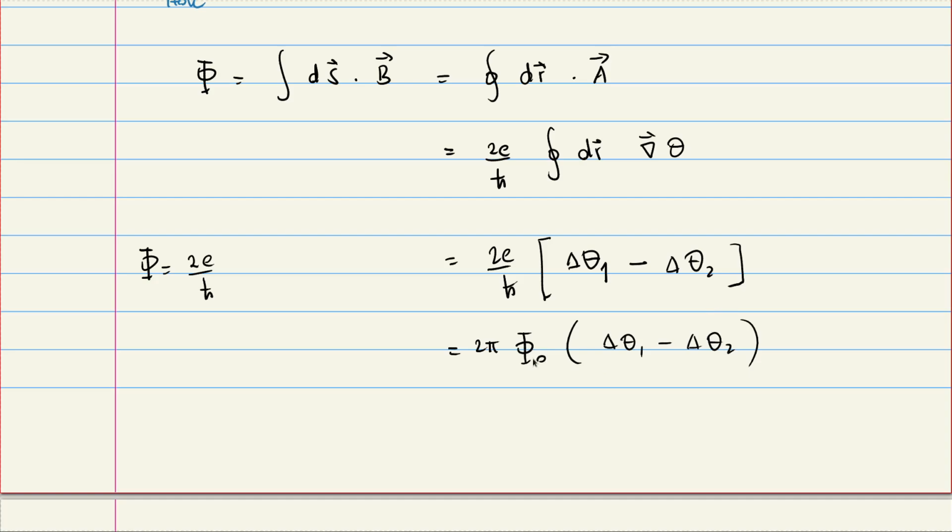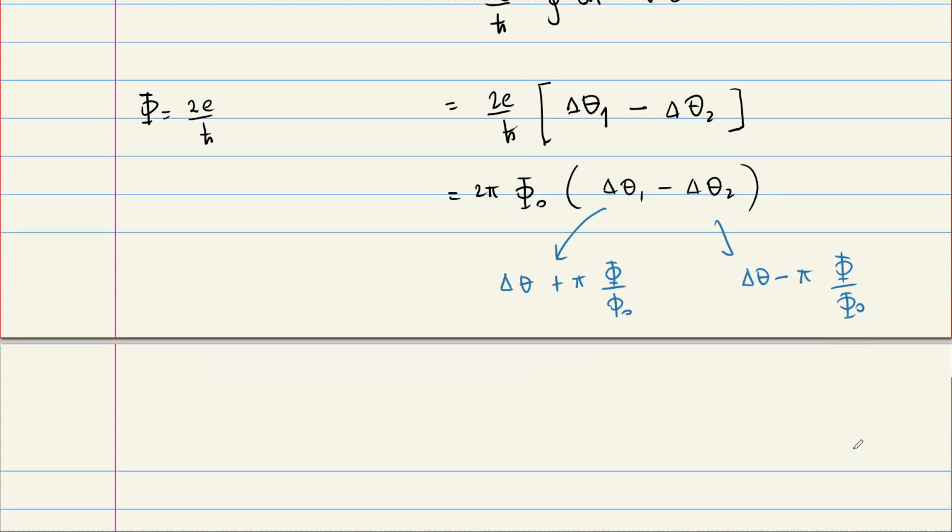In the presence of this flux, I can say half of this is going to come from like this: delta theta plus pi phi over phi naught comes from the upper branch, and delta theta minus pi phi over phi naught comes from the lower branch. I can say that for some delta theta.